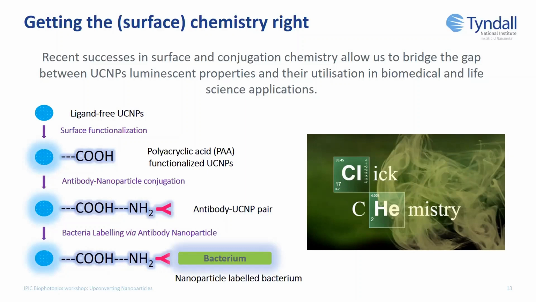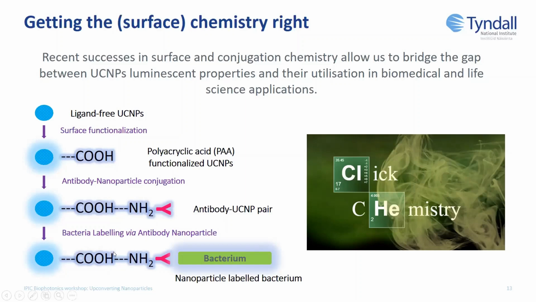Afterwards, we can also add certain functional groups to their surface and also antibodies, which means that at this point, when we have nanoparticles that can be both dispersed in water and have these antibodies attached to them, they can be used for targeting certain cells.